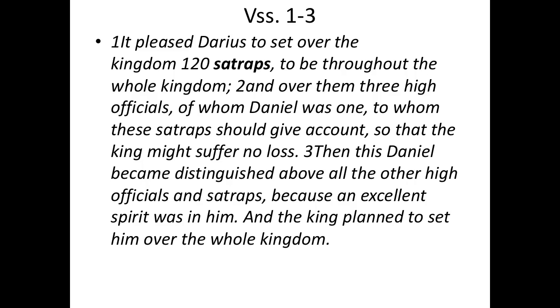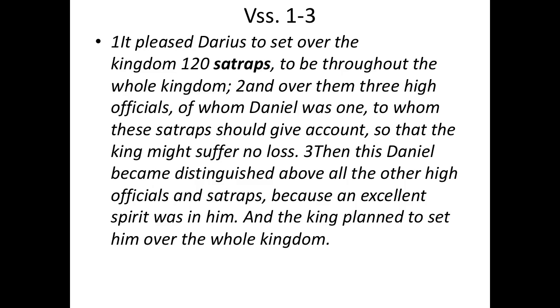So Daniel has already risen to prominence now in two world empires. Think about that. He rises to prominence in the Babylonian Empire, and now he's in retirement. He gets pulled out of retirement. He's in his 80s now, and he's way at the top again in the next empire.